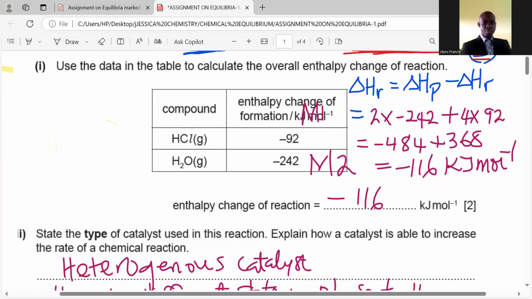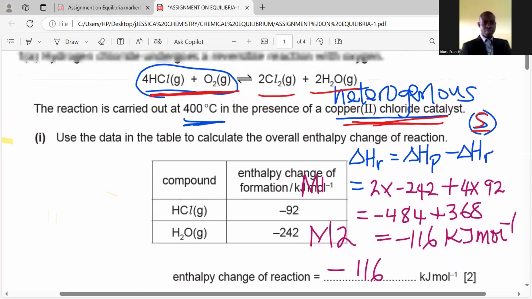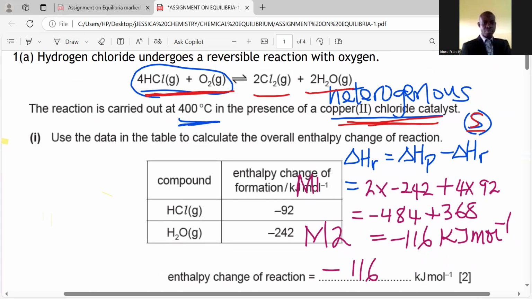Question 1 part 1: use the data in the table to calculate the overall enthalpy change for the reaction. To do that, we must write the formula. Enthalpy change for the reaction is equal to the enthalpy change for the product minus the enthalpy change for the reactant. Having done that, we must consider as well the number of moles of the product and the reactant.